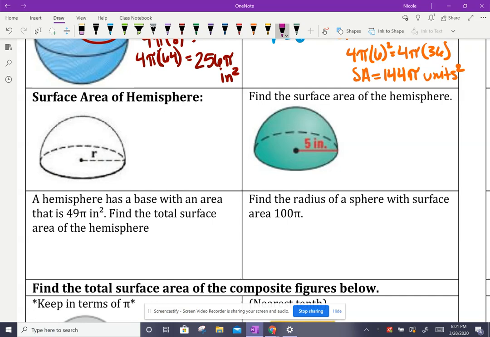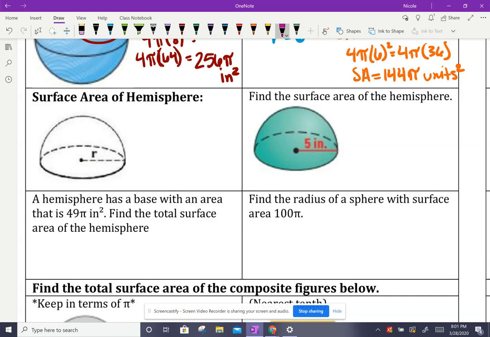So most people think that the hemisphere is just half of a sphere. But if it was a solid hemisphere, it would have a base. Think about if you took a basketball and cut it in half, it would be hollow on the inside, so it's not a solid object.